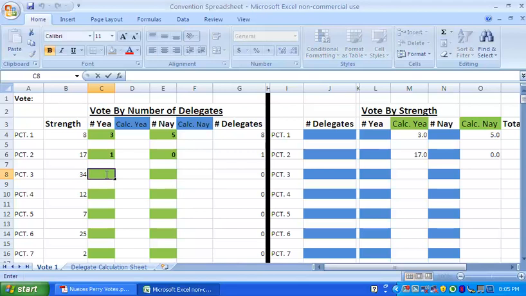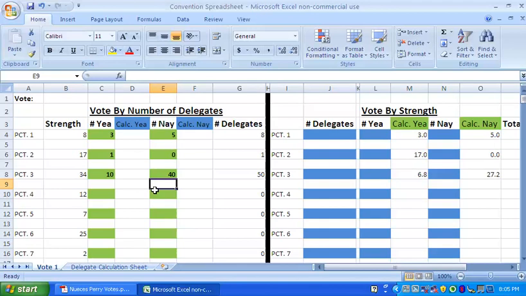What happens when Precinct 3 has 34 votes and 50 people show up? Let's say 10 of them vote yay and 40 of them vote nay. Here this confirms that we did have 50 people voting.